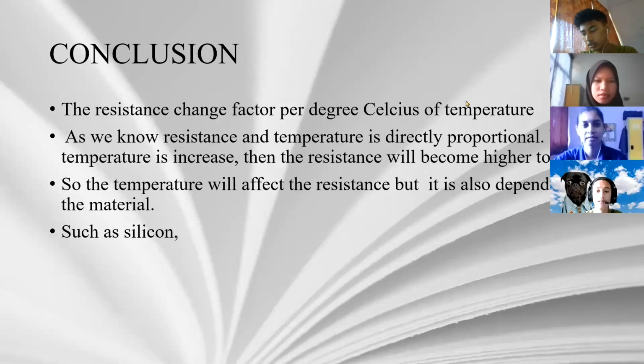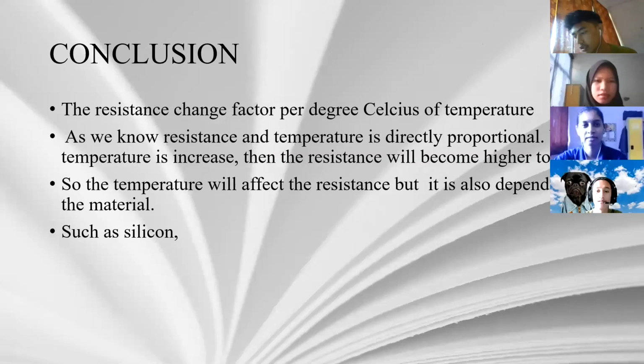Okay, can you hear me? Alright. So the conclusion is, as we know, resistance and temperature are directly proportional. When temperature is increased, the resistance will become higher too. So the temperature will affect the resistance, but it also depends on the material.